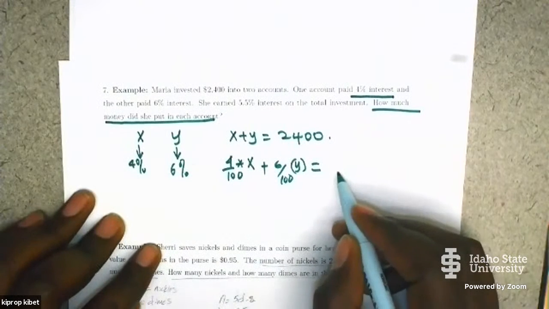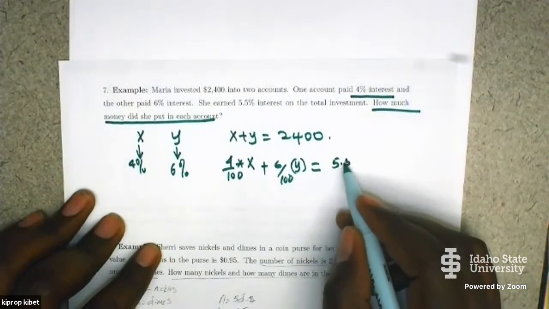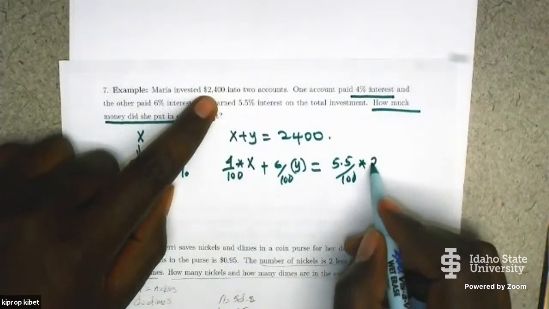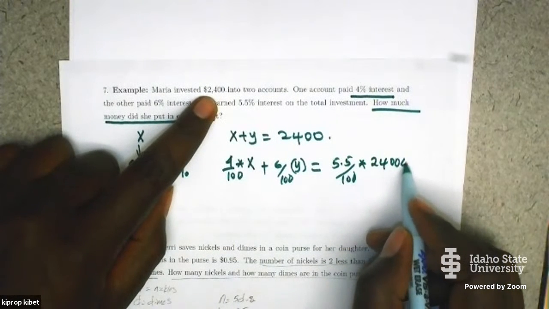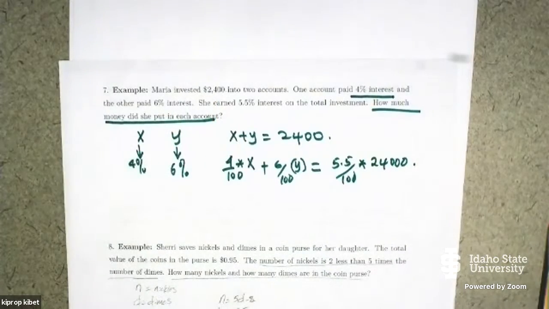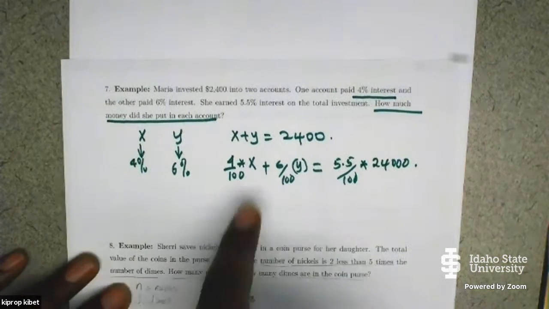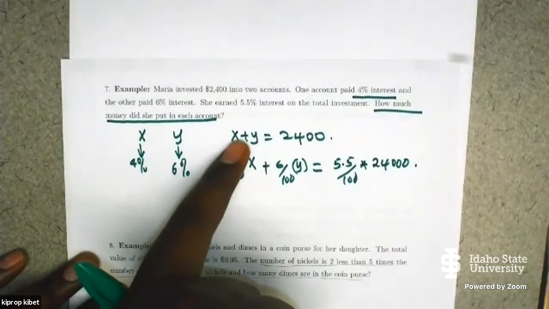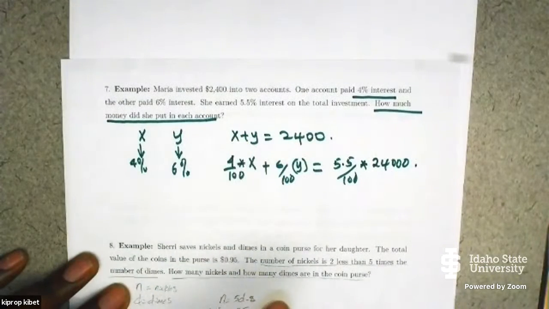So 5.5 over 100 times the total investment, which is 2,400. In this case, the unknowns here are X and Y, so we are trying to get the value of X and the value of Y.